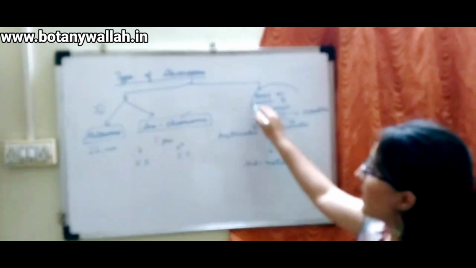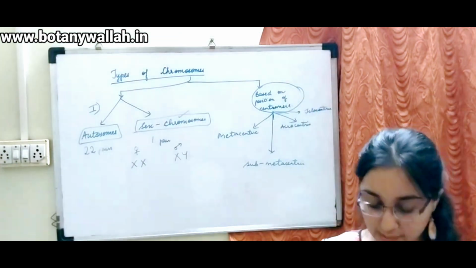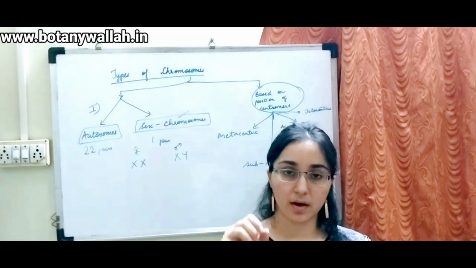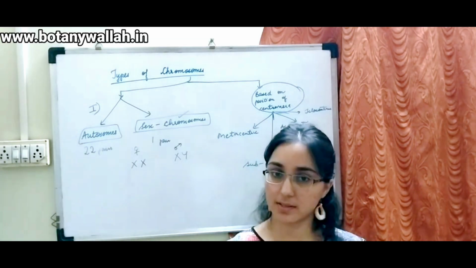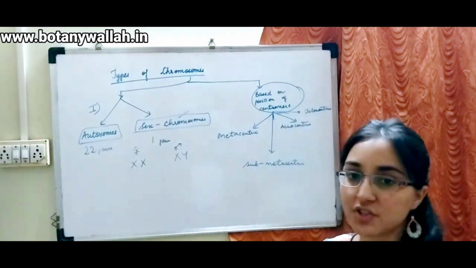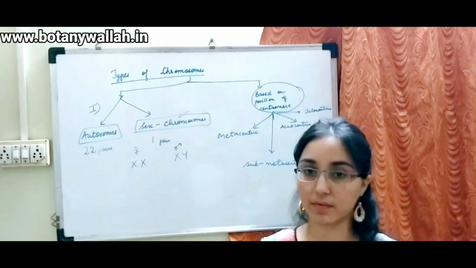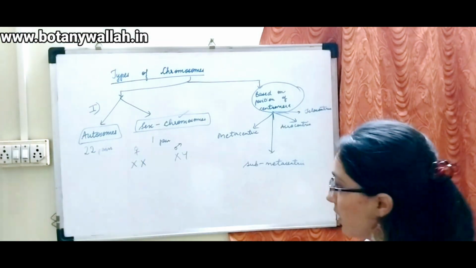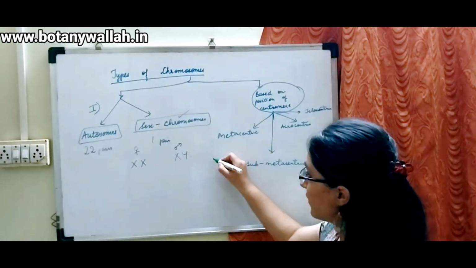Speaking about like based on the centromere, now I told you what is a centromere, which is holding 2 chromatids. Okay, the position is not fixed, whether it is in center or what. So based on it, there are 4 types of chromosome. The first is metacentric.